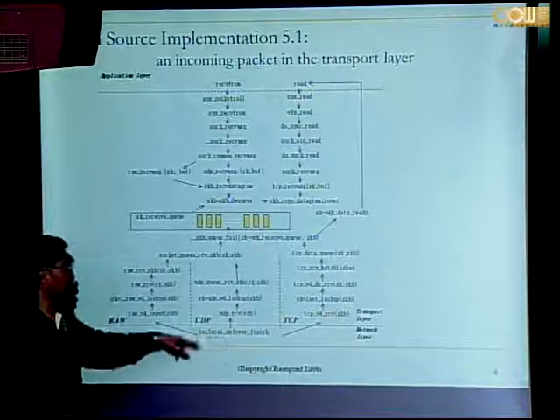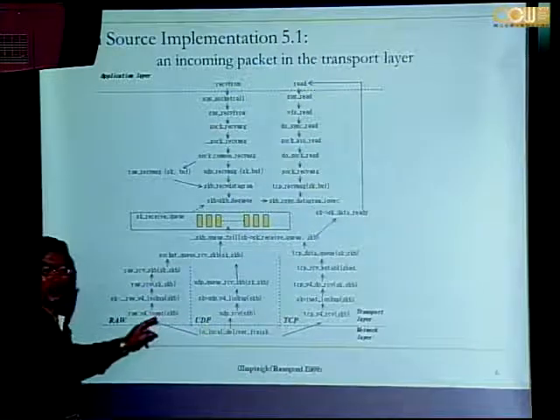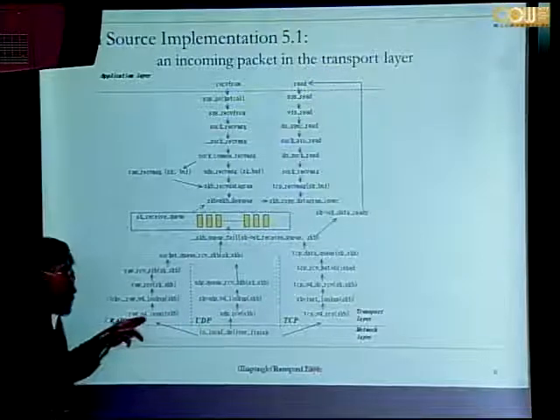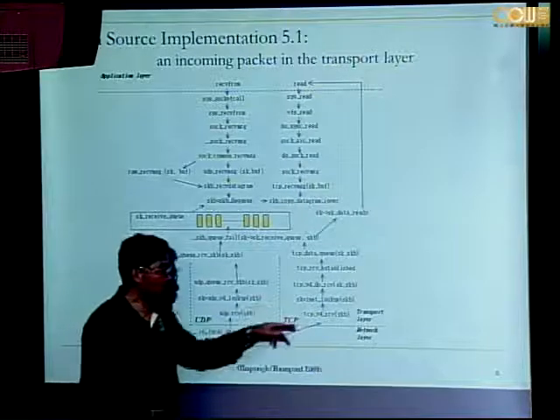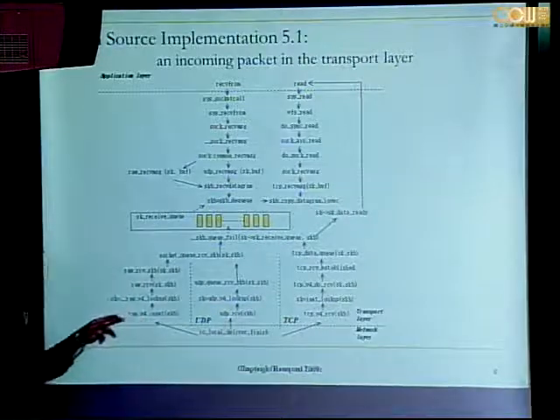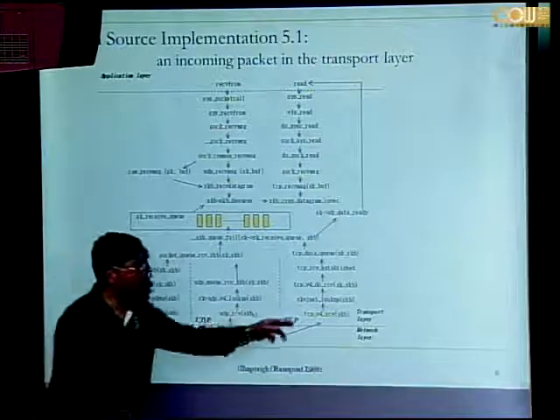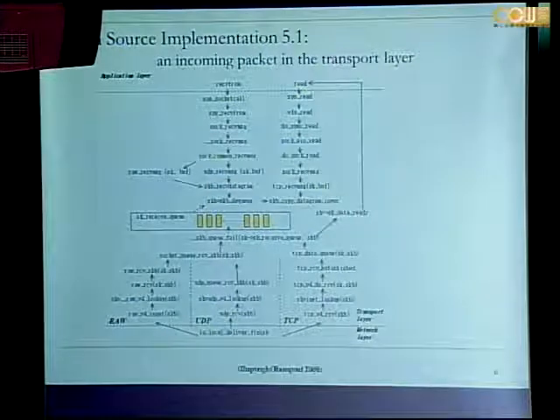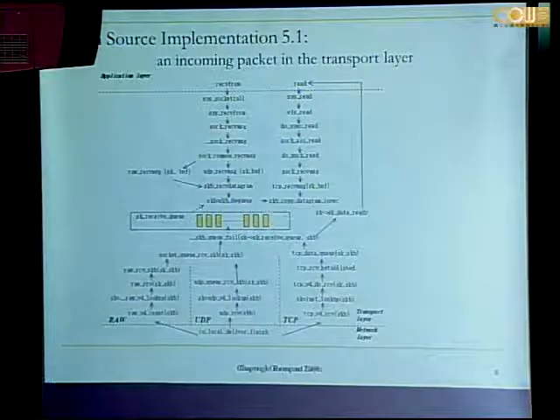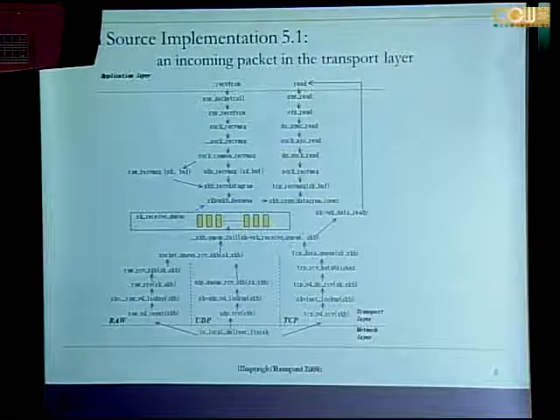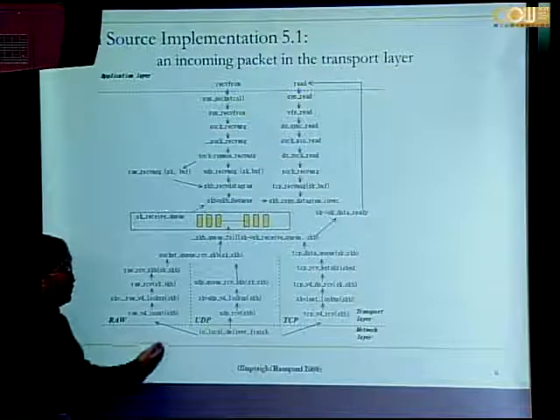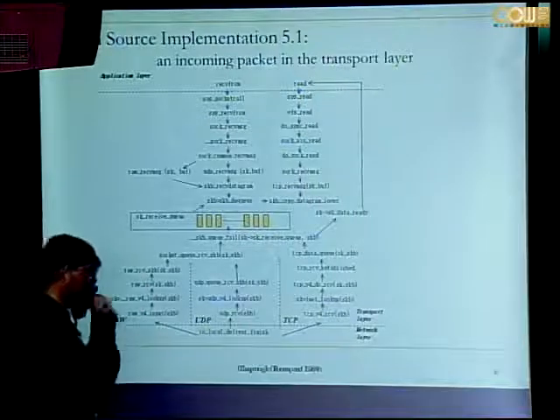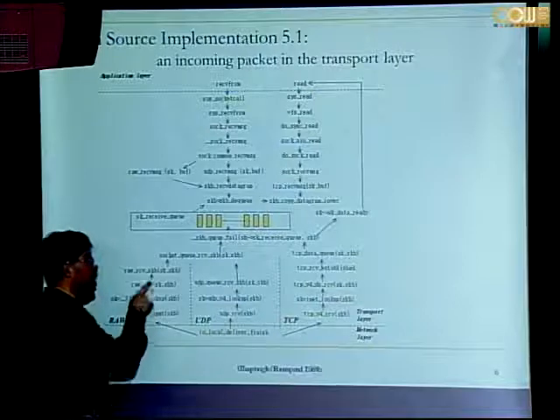This function will call the transport layer entry function, and there are three protocols at the transport layer: raw, UDP, and TCP. Raw means no transport layer, just direct access to the IP layer, so no transport protocol here. Then you call this function, and then all the way up.